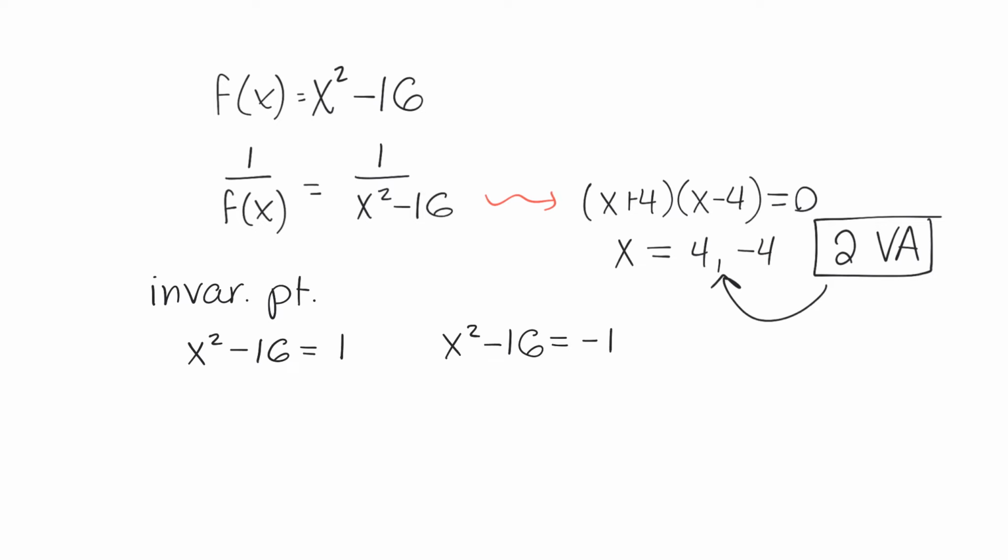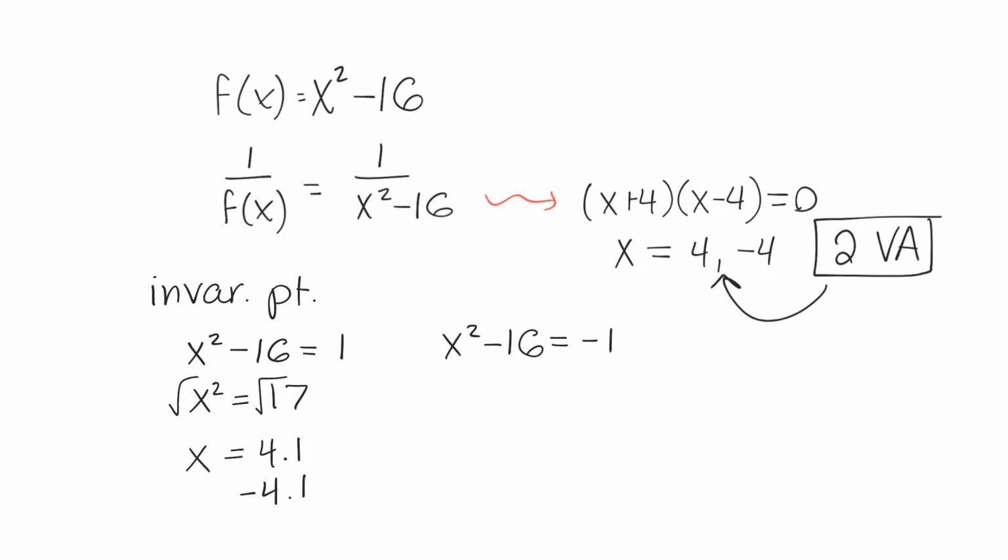But this time, you're going to end up with multiple answers. You're going to end up with x squared equals 17. Take the square root, and you get x equals the square root of 17, which is like, I don't know, 4.1. But it's going to be 4.1 and -4.1.